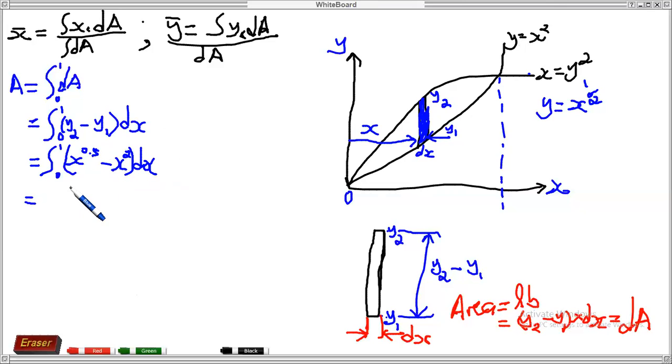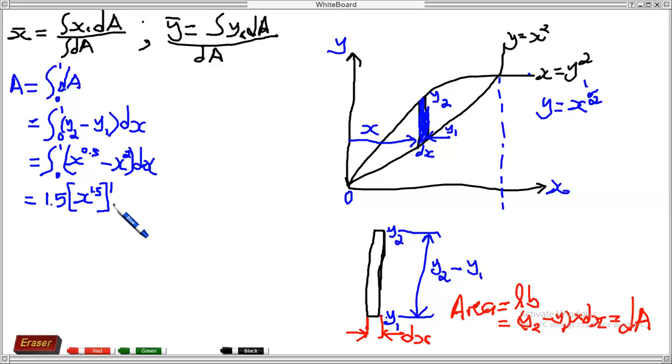Now, this is your 0.5 here. To 0.5, you just add 1 more, so it becomes 1.5, isn't it? Yes. Then x to the power 1.5 again here.